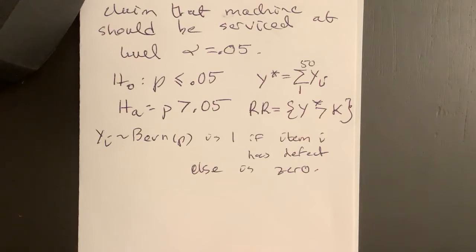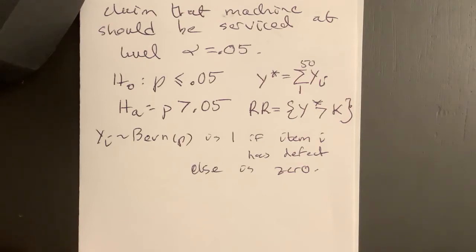So we want to test 0.05 versus greater than 0.05. I put the equality in the null hypothesis, and I want to test whether we can reject the null hypothesis and claim that indeed the defect rate is greater than 5%.